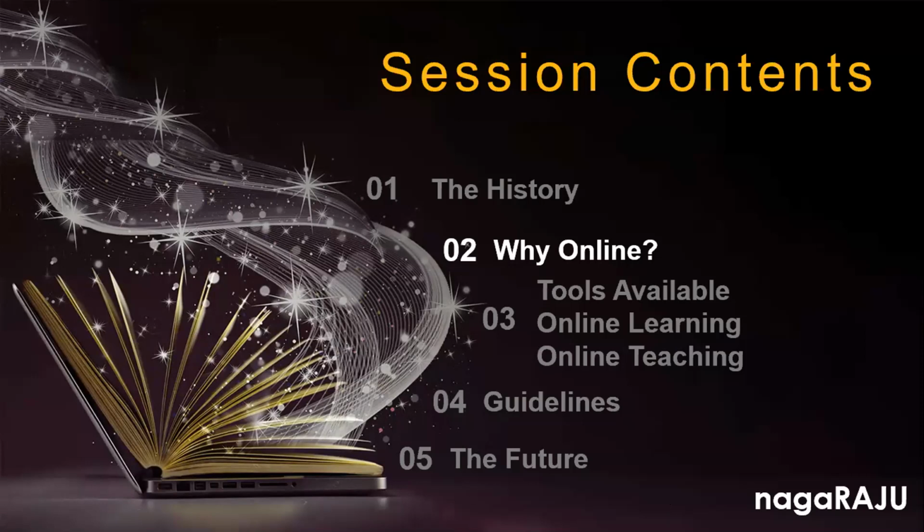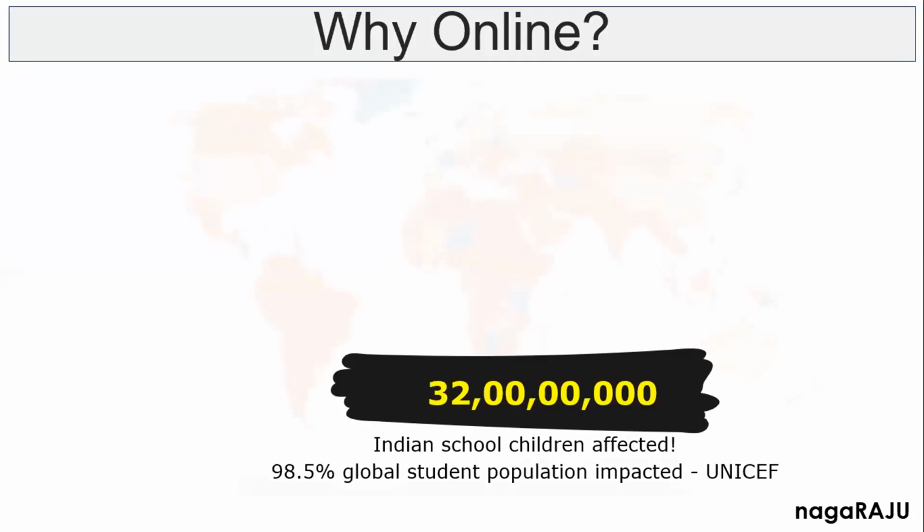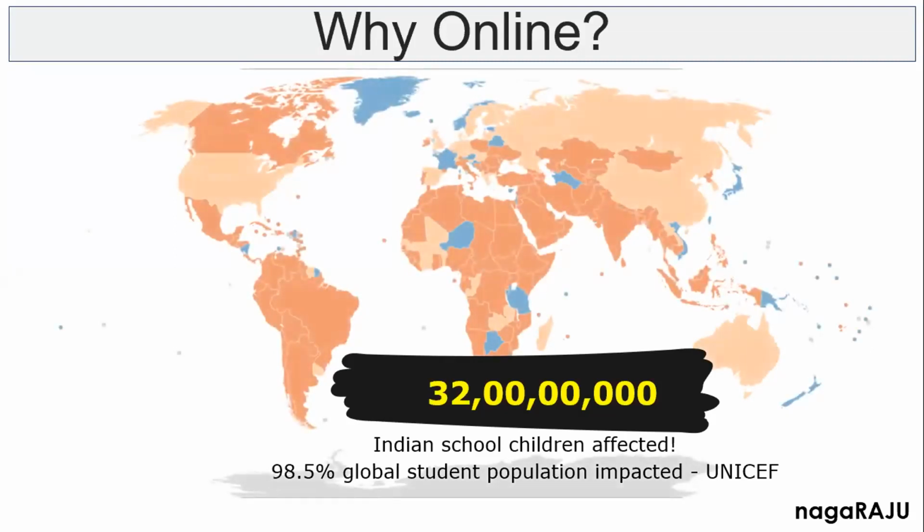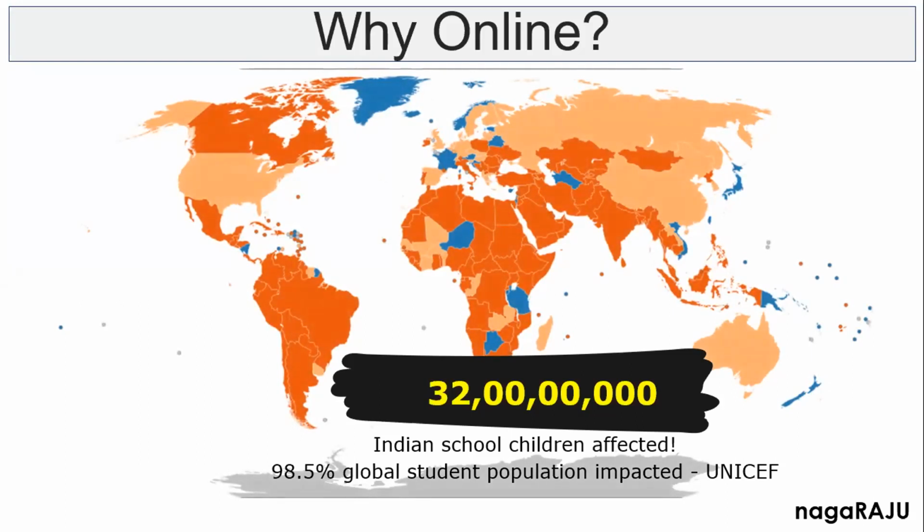So why online at this time? These are two facts that I collected from the web yesterday. The first one says the Indian government has announced that 32 crore people, students, school children in India have been affected by the lockdown. 32 crore school children is one-fourth of the Indian population, roughly about 25%.